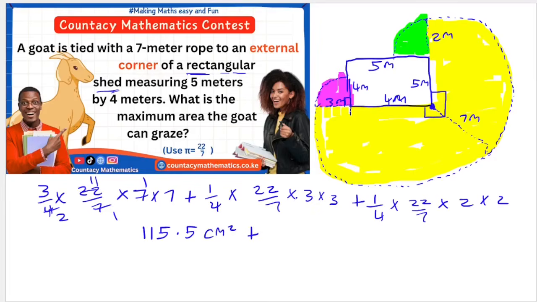These parts, is it really possible to simplify these? Not quite, but we have 3 multiplied by 3, that's 9. 9 times 22, what do we get when we do that? That's gonna give me 198. 198 divided by 7.